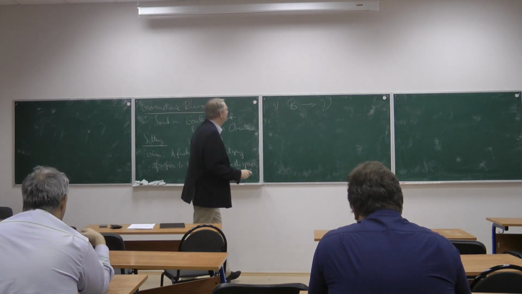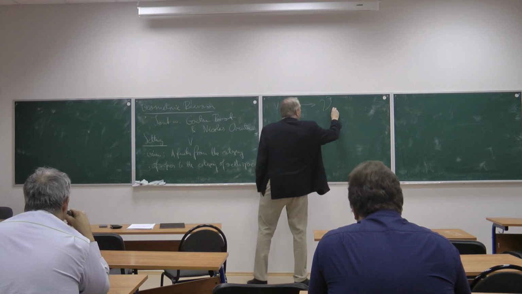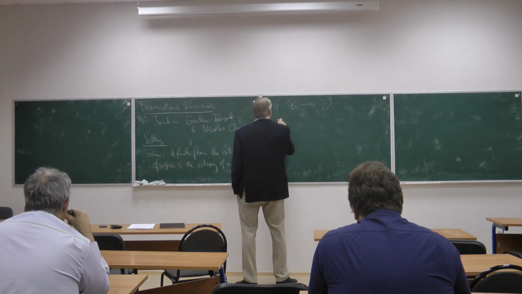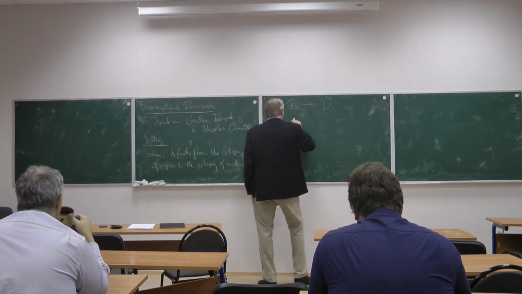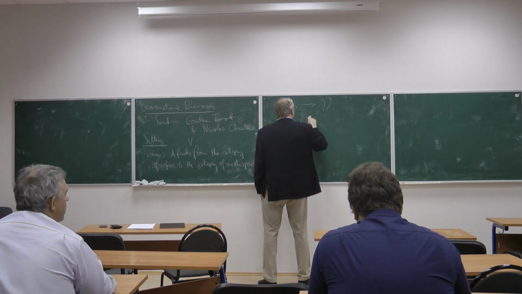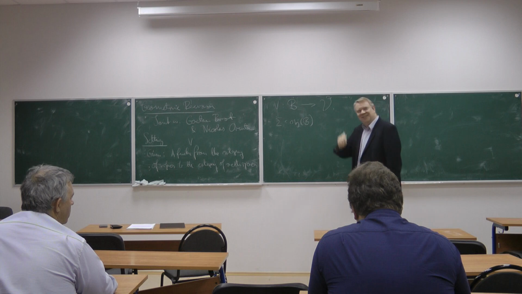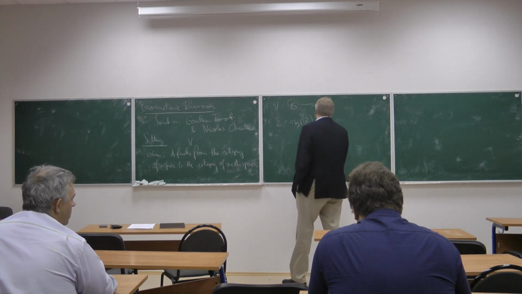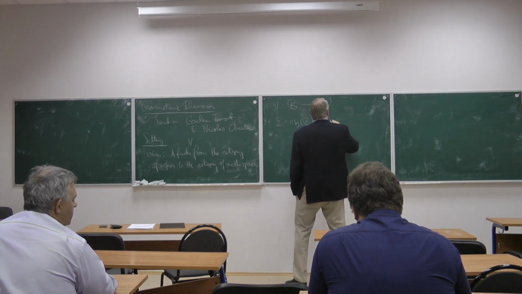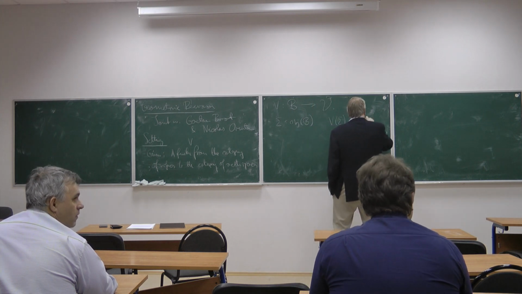And it's given. Okay. So in particular, if I take sigma to be an object of B, so some compact oriented surface, then what I get is V of sigma. This is a vector space.